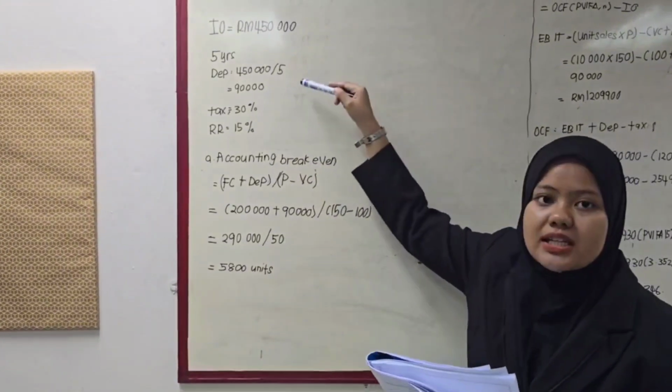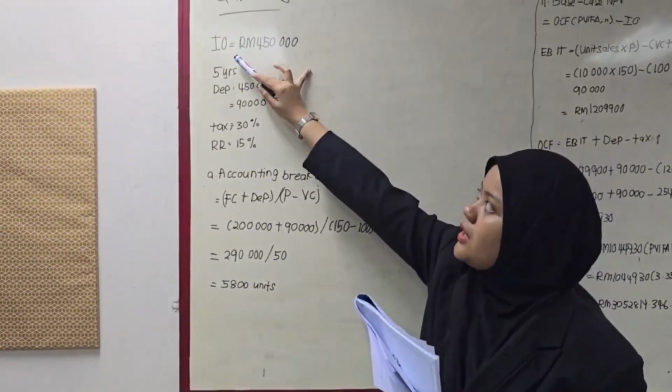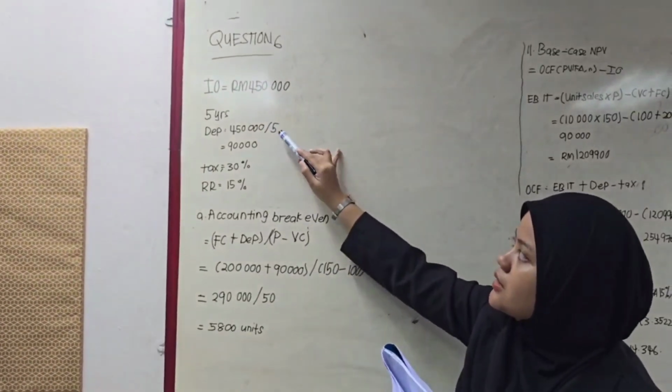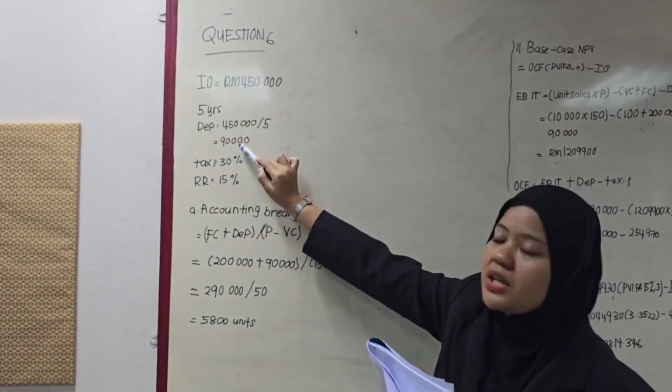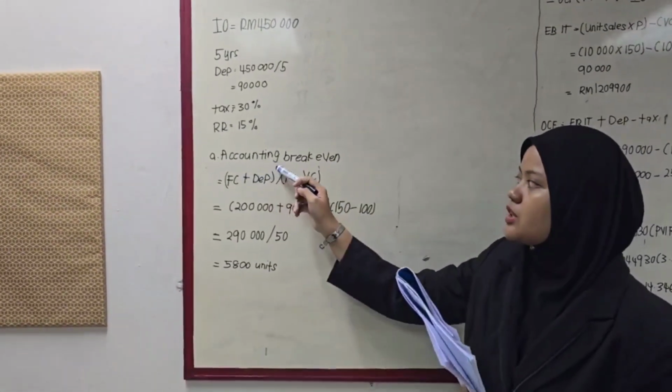Dan sini saya kira depreciation terus, which is kita ambil IO, kita bahagi dengan 5 tahun dan dapat 90,000.